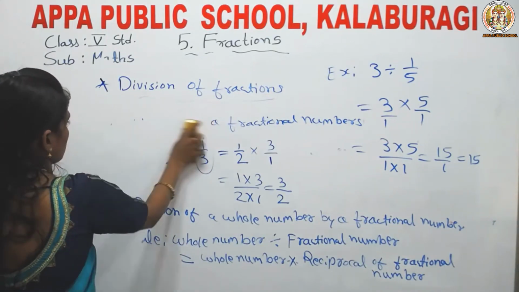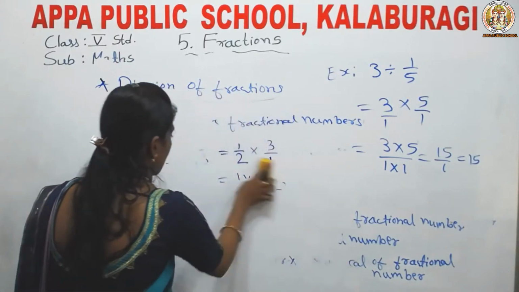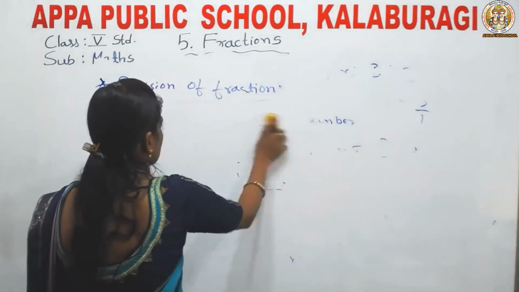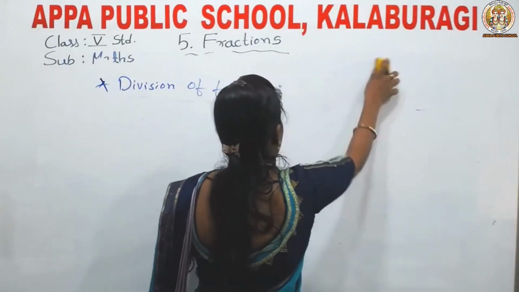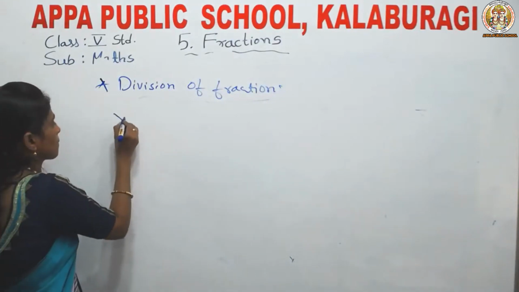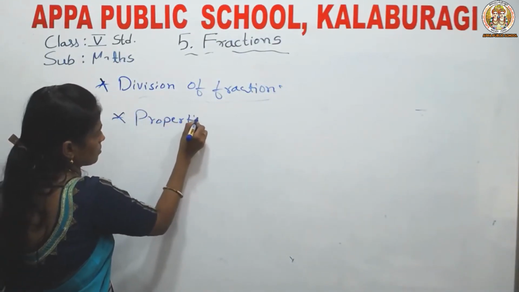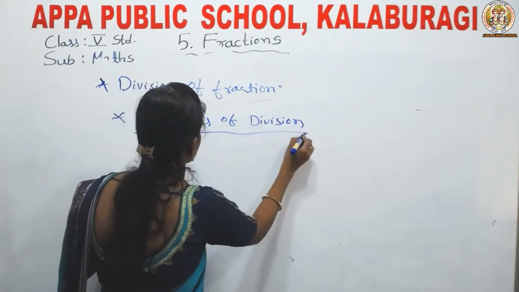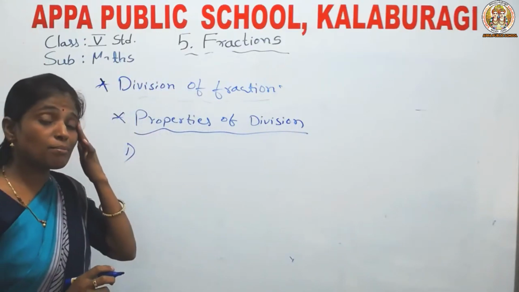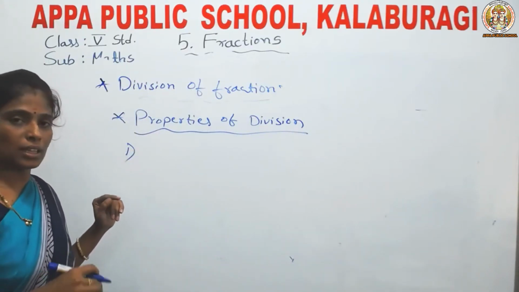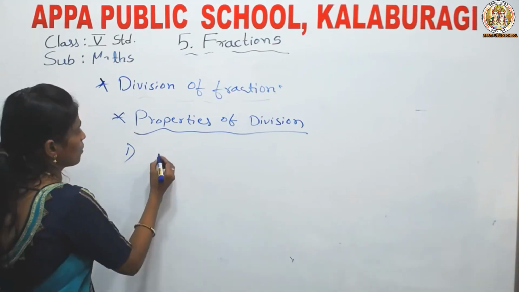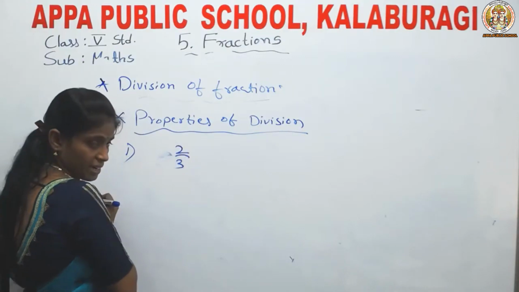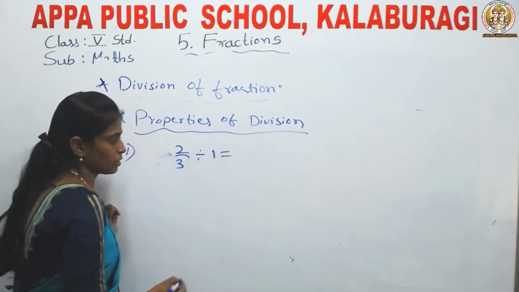Next, properties of division. First one: when a fractional number is divided by 1, we get the quotient as the fraction itself.